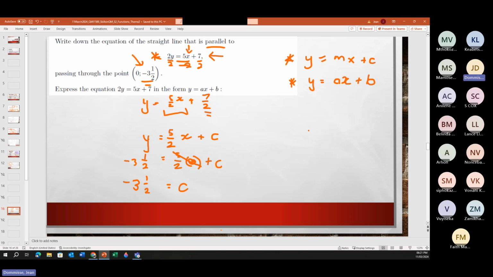So then we have a c. So then your formula that is parallel to that one is y is equal to 5 over 2 x minus 3.5.